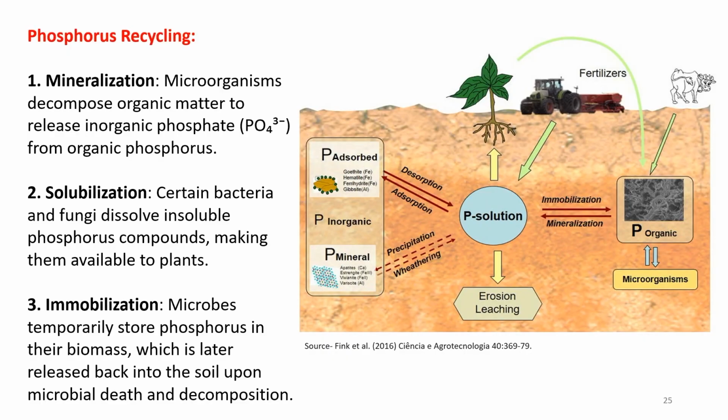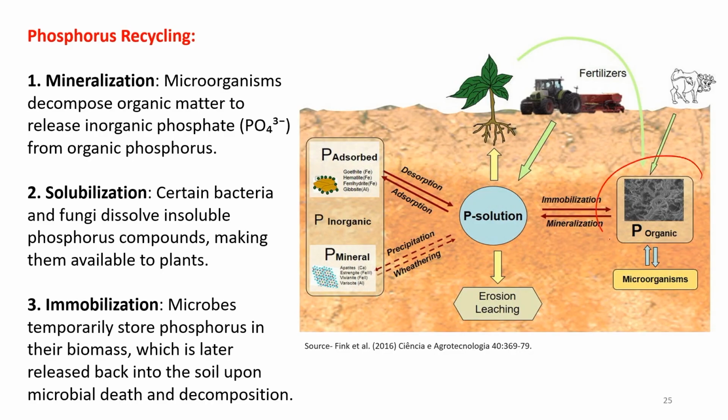Let us look into the recycling of phosphorus. We have mineralization in the case of phosphorus. Microorganisms decompose the organic matter to release inorganic phosphate from organic phosphorus. Here you can see this is inorganic phosphorus and microorganisms act on it.